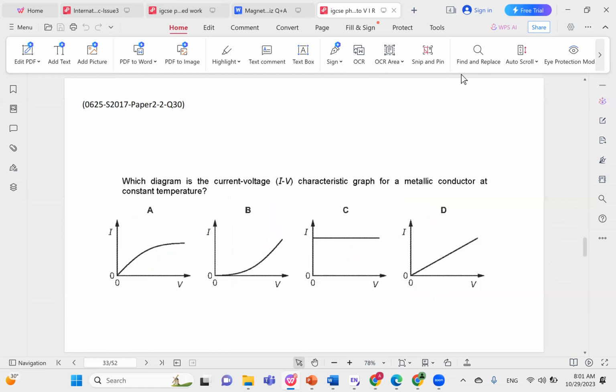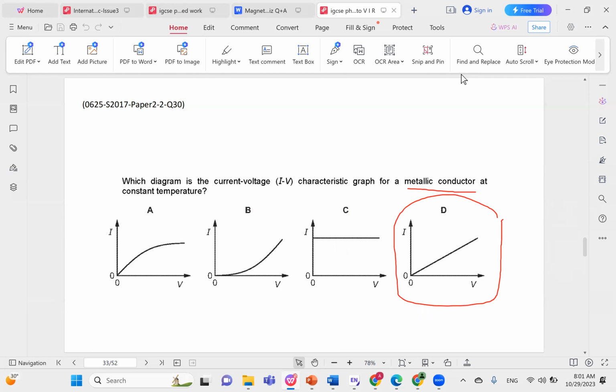Which diagram is the current voltage characteristic graph for a metallic conductor at constant temperature? Remember that what distinguishes the metallic conductor and the filament lamp is that the filament lamp heats up. This is why the graph curves. So at constant temperature, and anyway, when they say metallic conductor or ohmic conductor, this is the conventional V equals IR graph, which is a straight line.